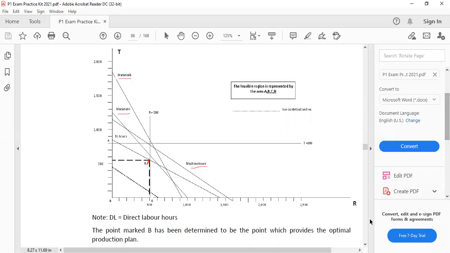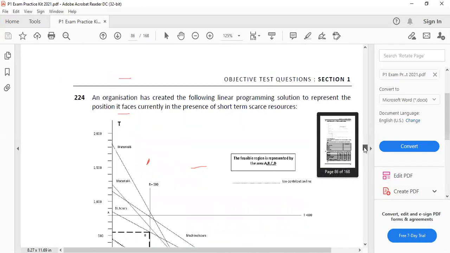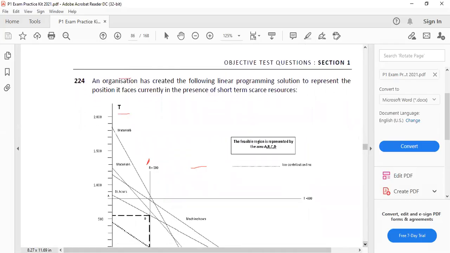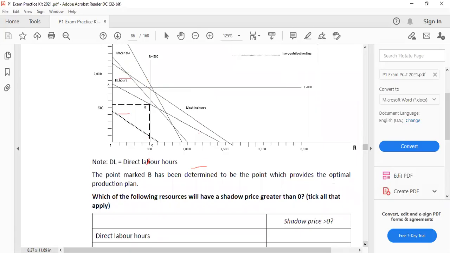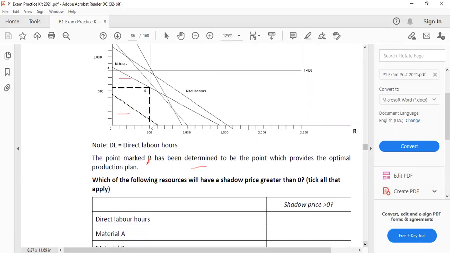Theoretically, when we look into that, we understand that it becomes easy. So it is only the direct labor hour which is equal to the optimal point. Optimal point happens at B. At that point, only direct labor hour is becoming equal to the optimal solution. So utilizing to the optimum extent, all the others have resources above this, and the utilization would be only till the optimal point.